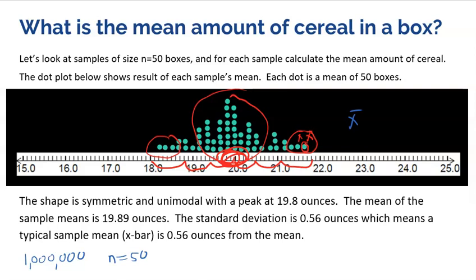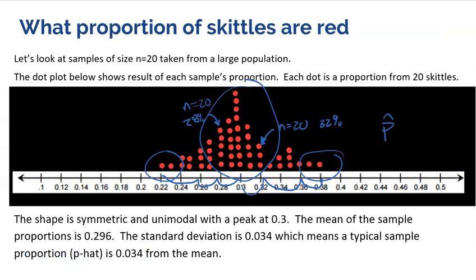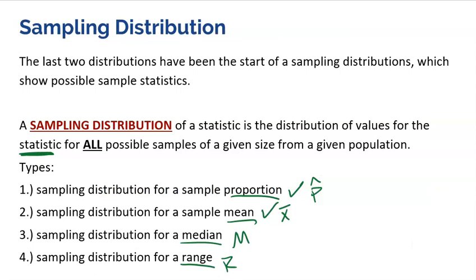But a true sampling distribution will show you the mean of every single possible sample or the proportion of every single possible sample. Or, like I mentioned, you could even do the median, but it's got to be of every single possible sample of the same size. You can't switch your sample size from the same population.